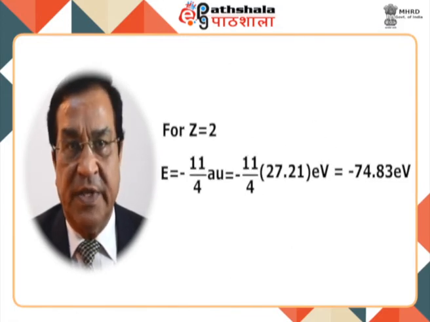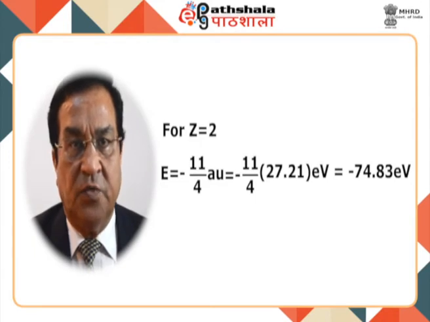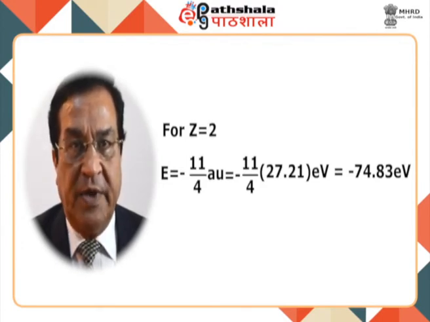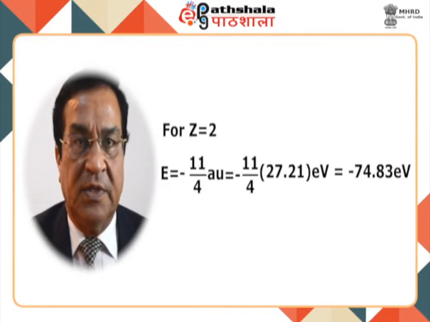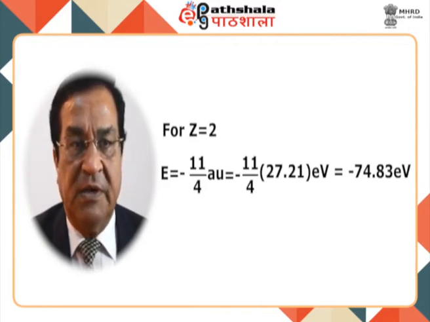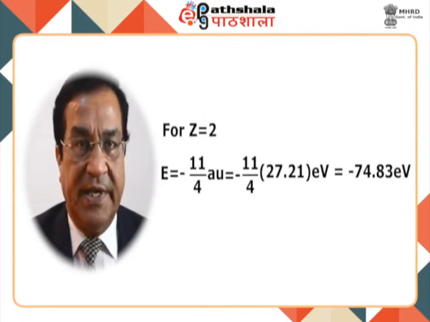That one can very easily do, because one atomic unit is equal to 27.21 electron volt. So if we multiply 2.75 atomic units with 27.21 electron volt, then in electron volt, the ground state energy of the helium atom will come out to be 74.83 electron volt, of course with a negative sign.